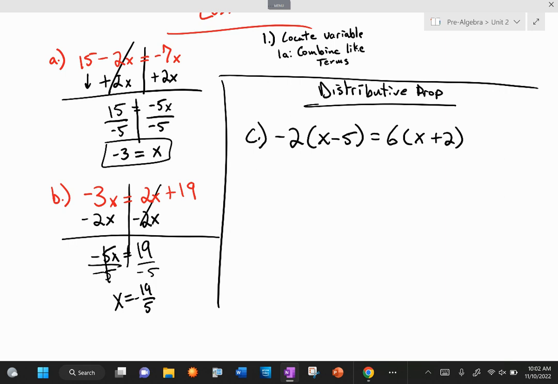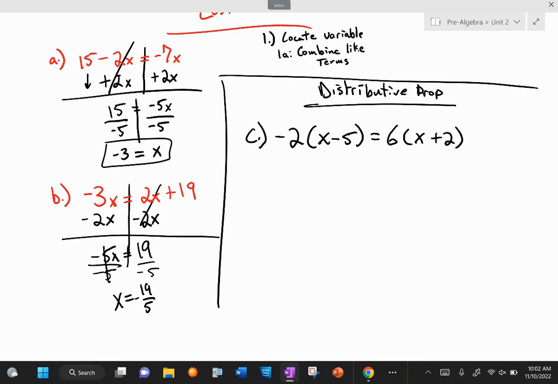And it's in my notes. To both of them. So you got to do -2 to the x, -2 to the x. Distributive property. You got to multiply it to both.